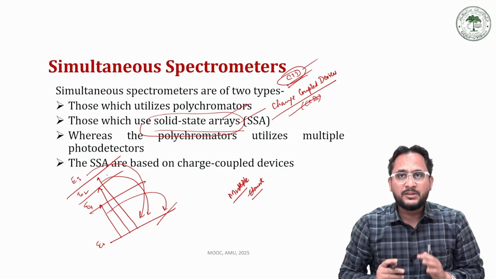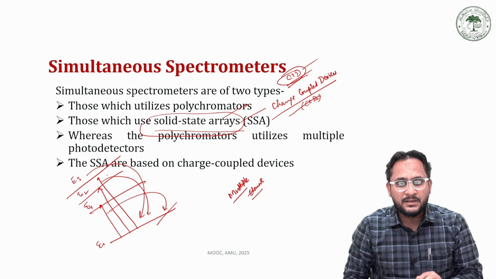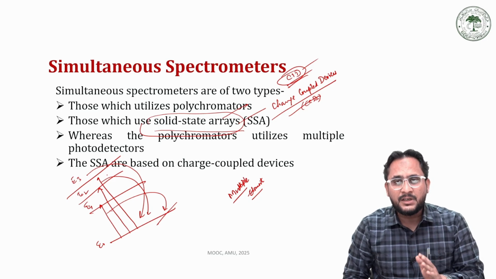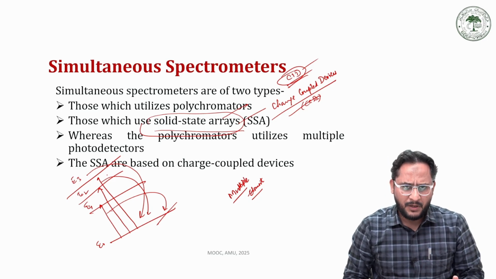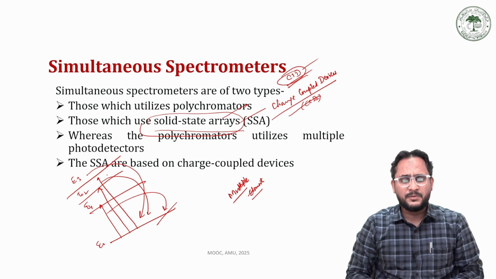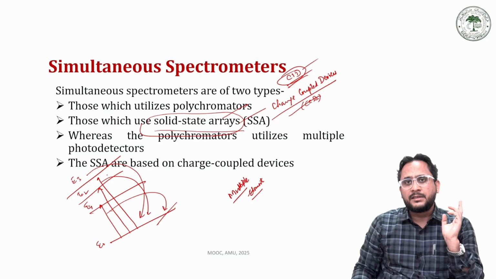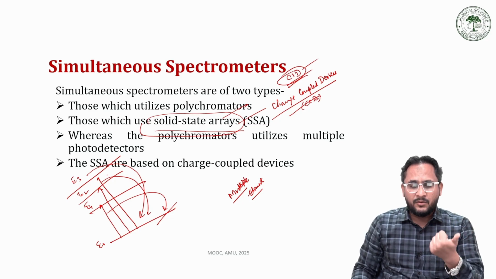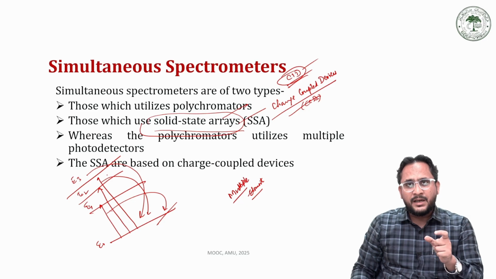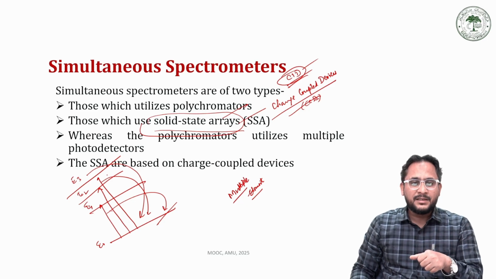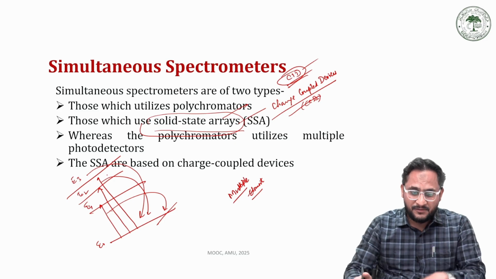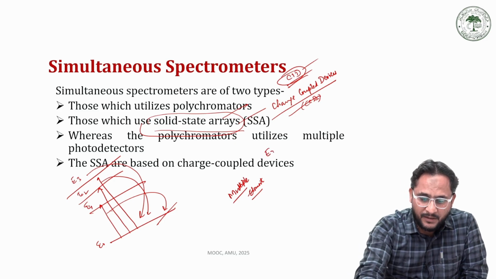So as of now, the most advanced atomic emission spectrometers that are based on inductively coupled plasma or other types of plasma like direct current or microwave plasma use these solid state array detectors. But of course, since these SSAs are very sensitive devices, they are highly costly. So the instruments that have these SSAs for simultaneous multi-element analysis are, of course, very expensive.